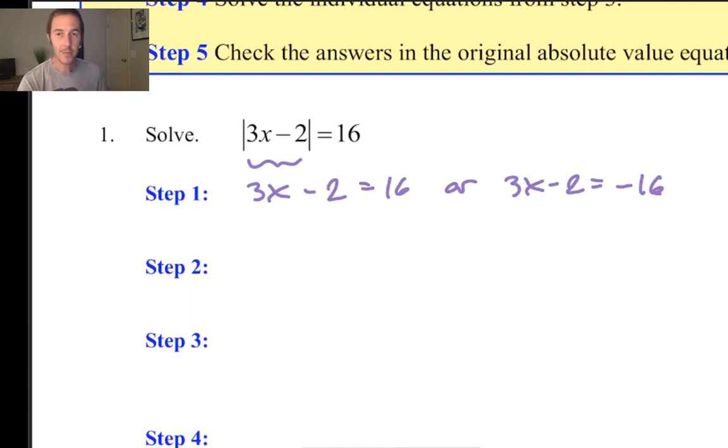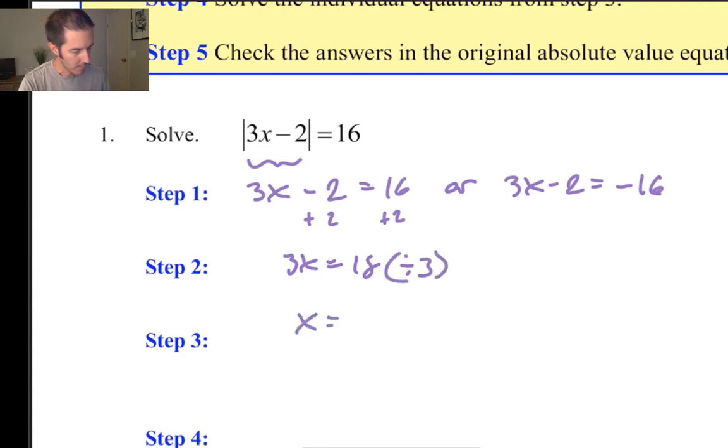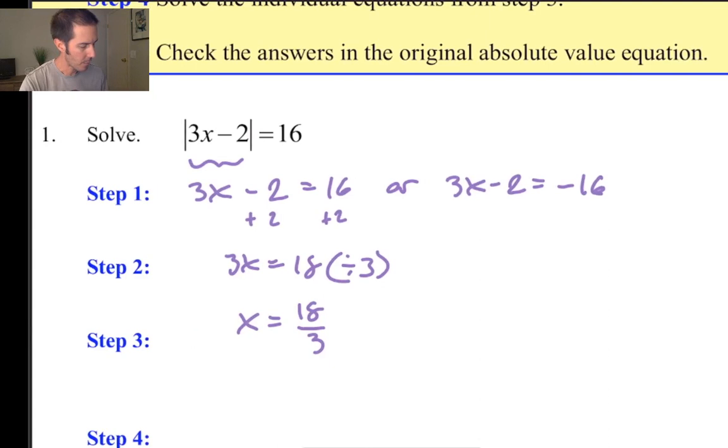And now we need to solve both of these little equations for x. So I'm going to add 2 to both sides, so that 3x is equal to 18, and then I'll divide both sides by 3 to get an x value of 18/3. And I'm going to leave it in fractional form as an improper fraction.